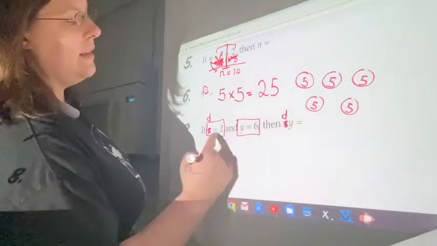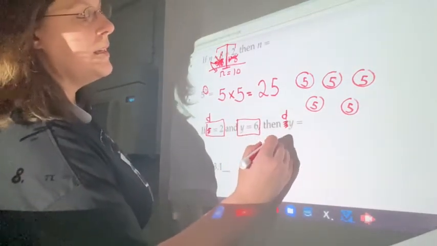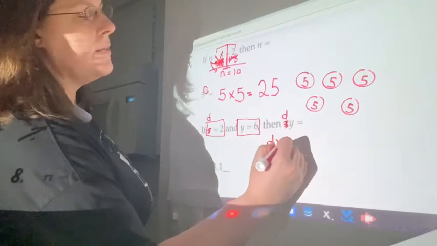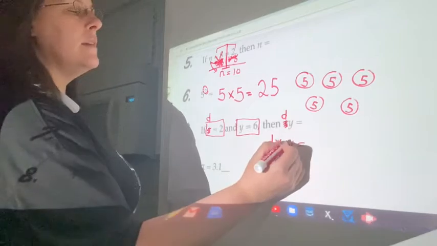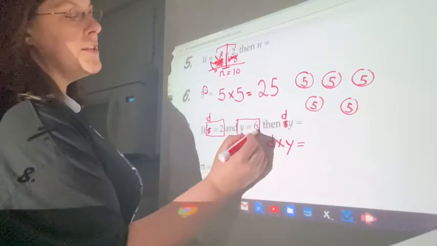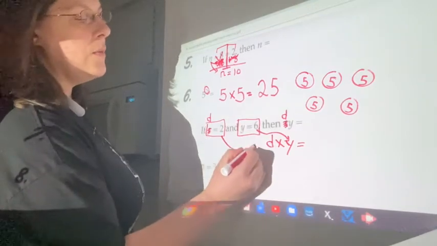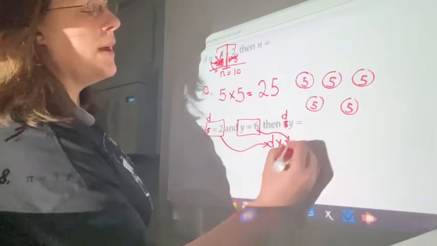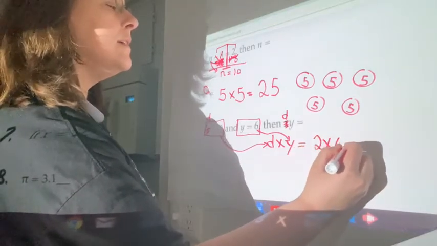So now D is gonna be 2. So I'm gonna say the problem itself becomes D times Y equals. Perfect. Now it's super easy. We just put the 6 where the Y is. We put the 2 where the D is. So now it becomes 2 times 6 equals.